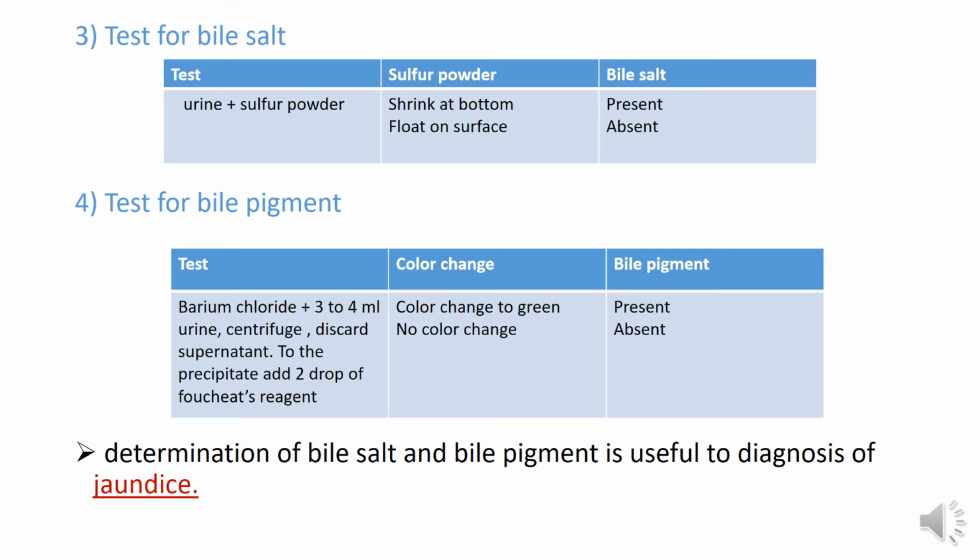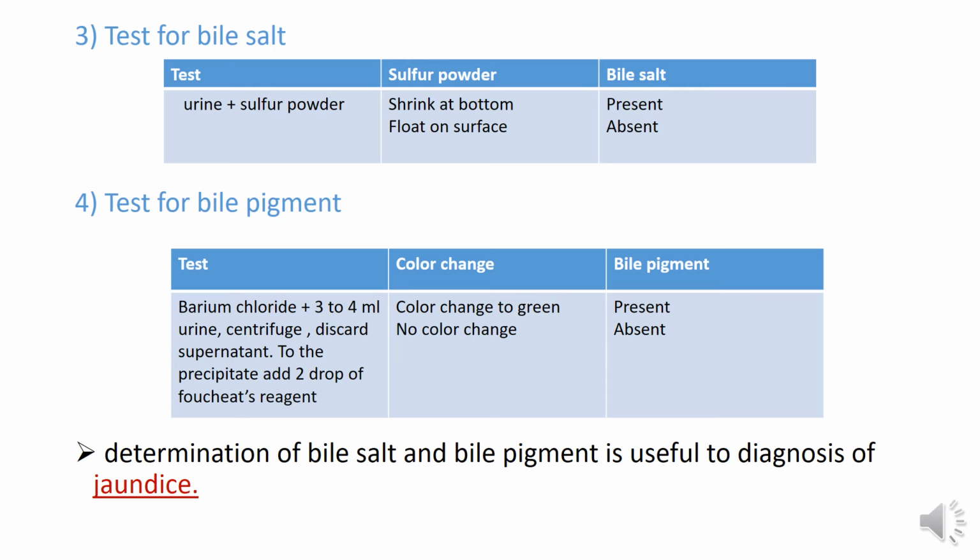When sulfur powder is added on the surface of urine with bile salts, it sinks to the bottom, whereas in normal urine the sulfur powder floats on the surface.